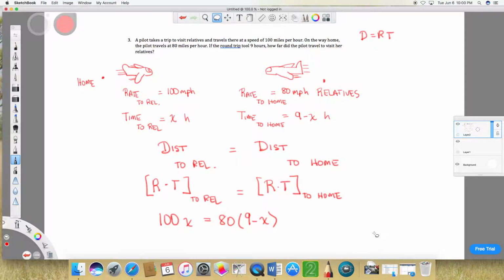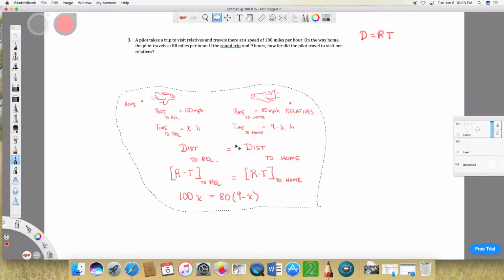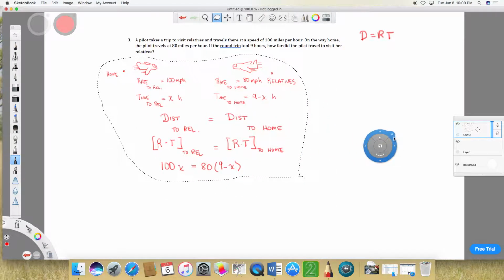All right, so let's solve this. This is the same way I did problem number 2. There's other ways that you can do it. Maybe I should have tried to let x be the distance and tackle it that way, but to me this just seemed easiest.